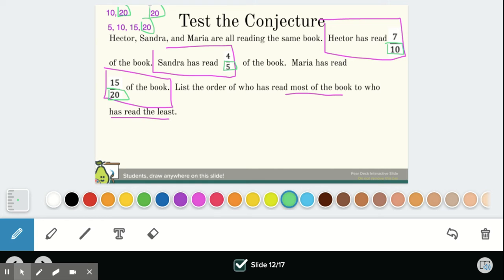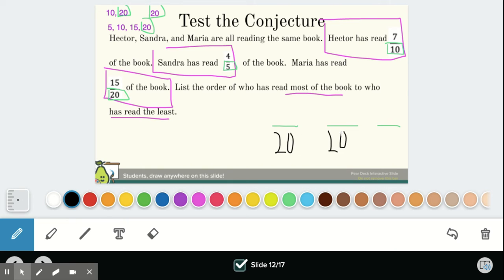So I can make a new fraction with that denominator. I'm going to set it up right over here. That's going to be one fraction, another fraction, and then another fraction. And all of these fractions are going to have the denominator 20.